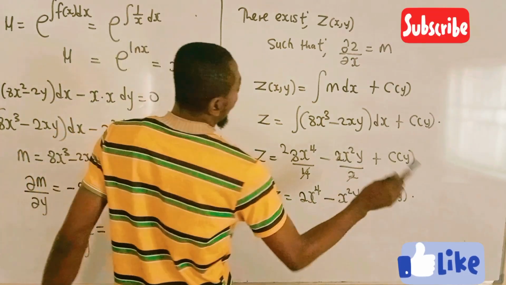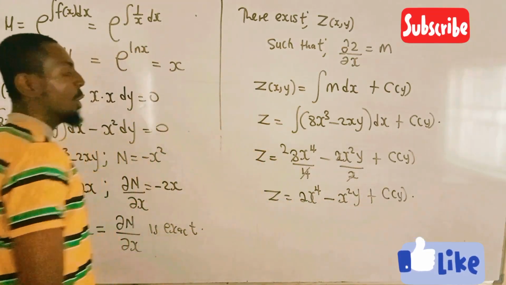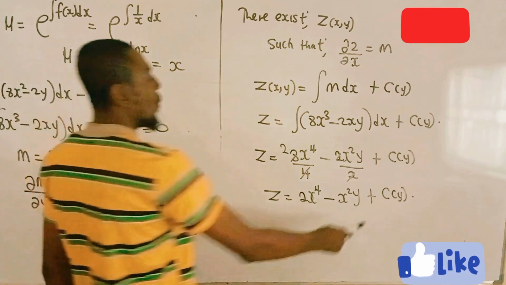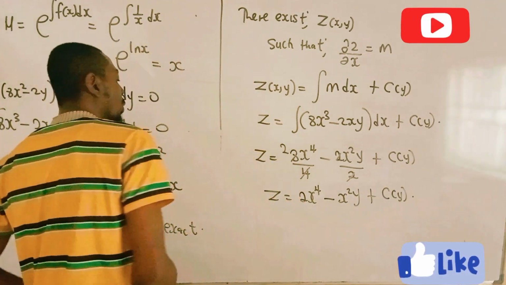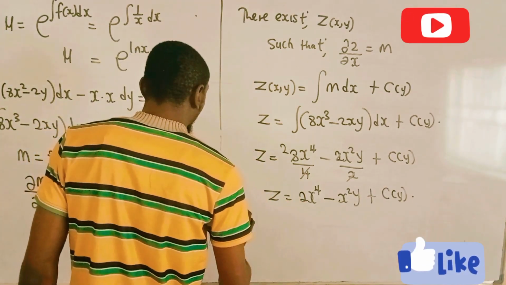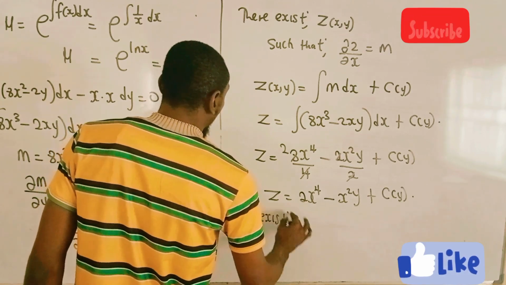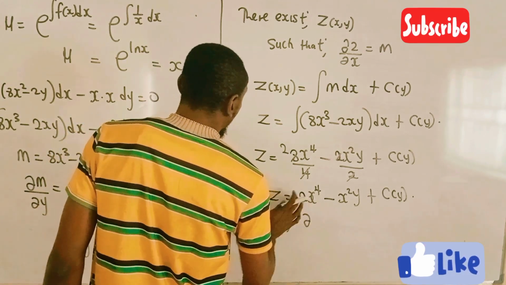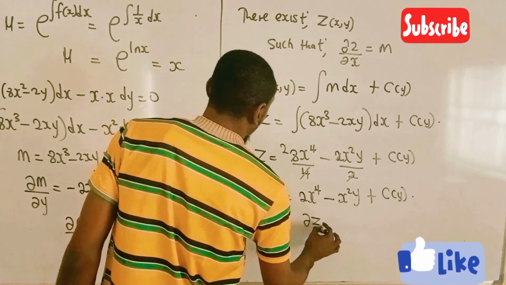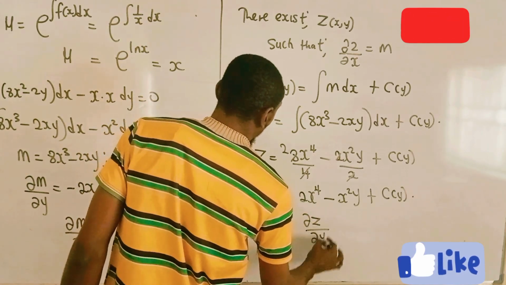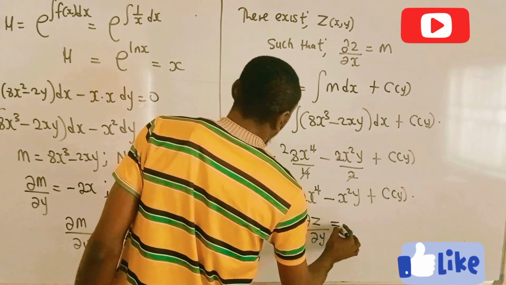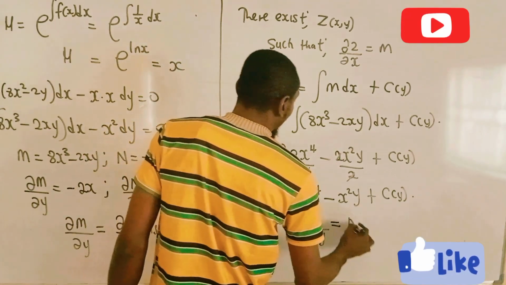We're going to figure out what c of y is, and how do we do that? We use the second condition. There exists a function, differentiating this function z with respect to y is equal to n.